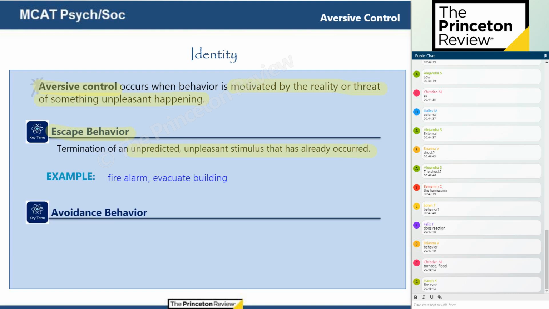And the other thing we do is called avoidance behavior. We do this to avoid. It hasn't happened yet. Before something happens, but we're anticipating something unpleasant is going to happen. So we do something to avoid it.